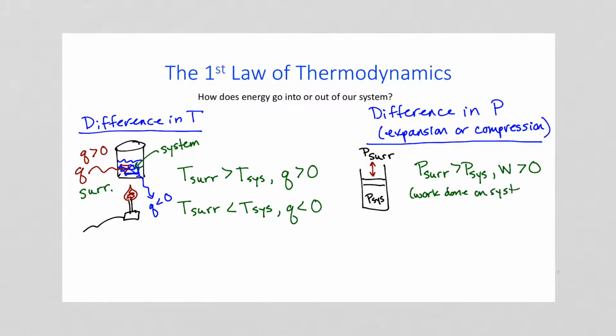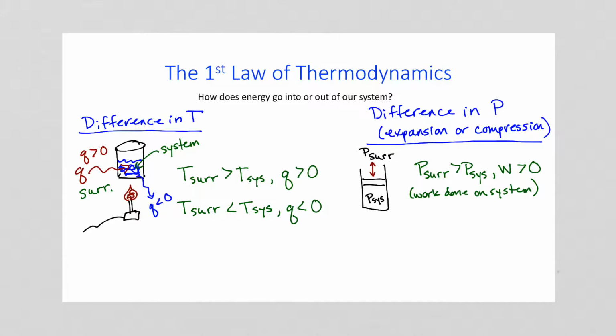We can envision that as the pressure of our surroundings being large enough that it pushes down on that piston. So work is being done on that system in the container.